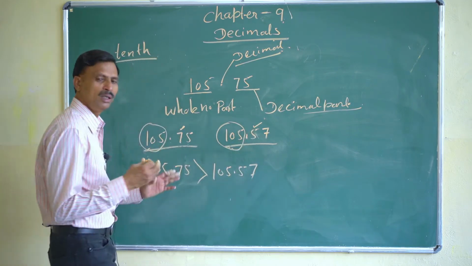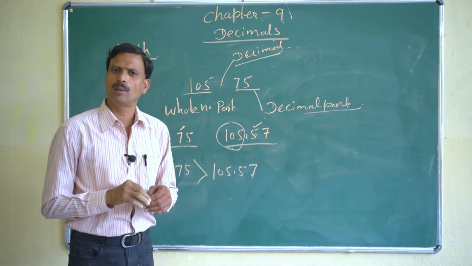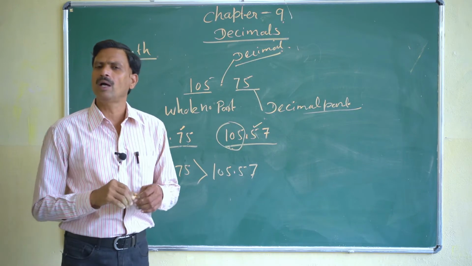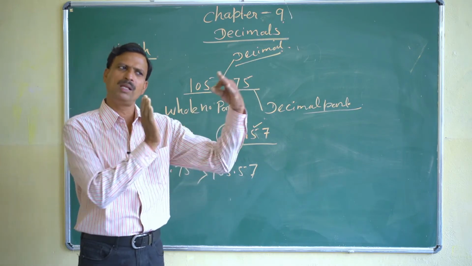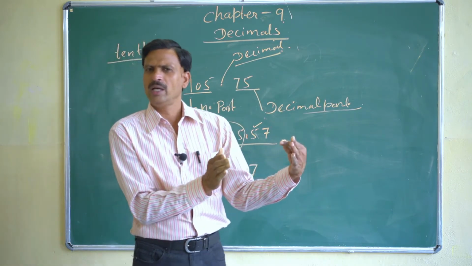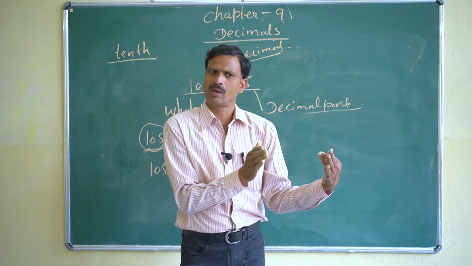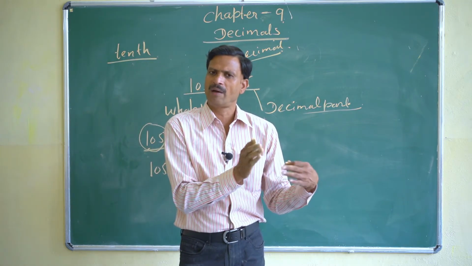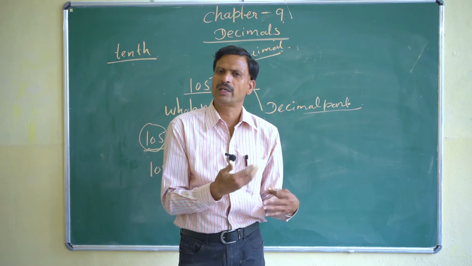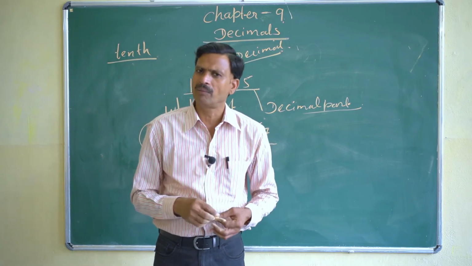So you got it? How do we compare two decimal numbers? Very first we compare their whole number part, meaning the part before the decimal. Whichever number has the greater whole number part will be greater.